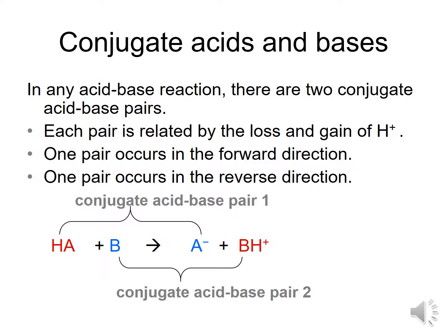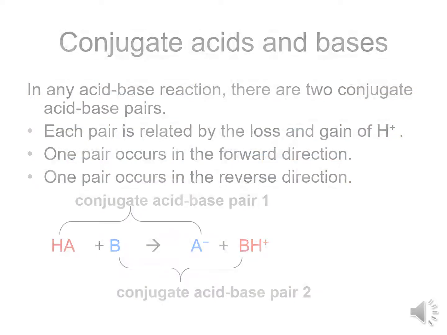One pair is going to be the acid and base, and it is going to have its acid form react with the other one's base form on the left side, but if it's going in the reverse direction, the first molecule is going to be the base form of the previous acid and then the acid form of the previous base.